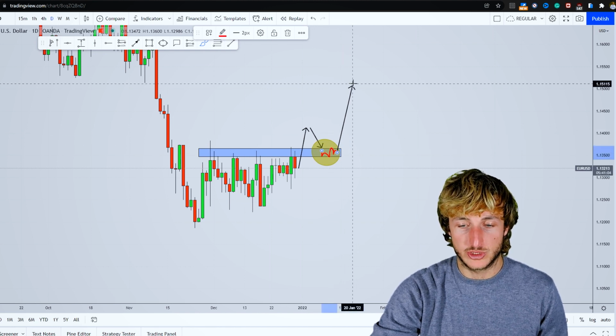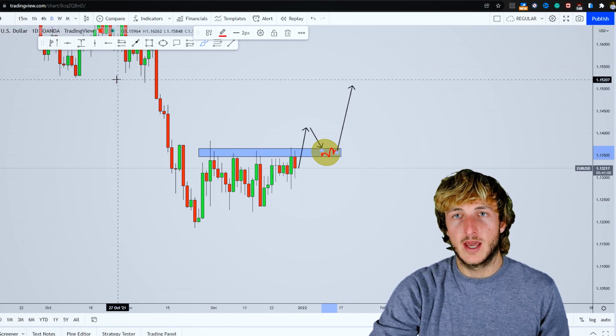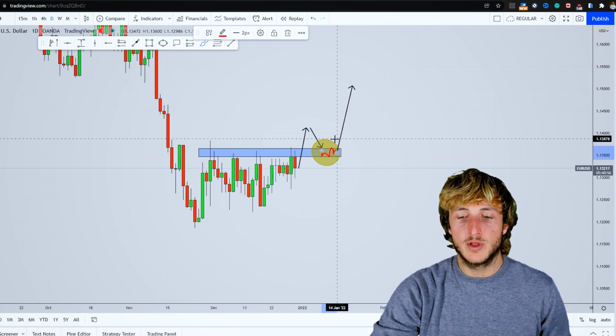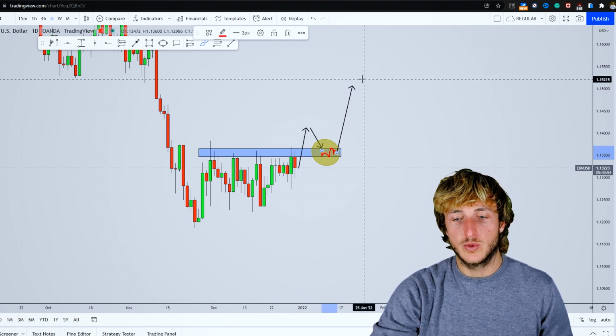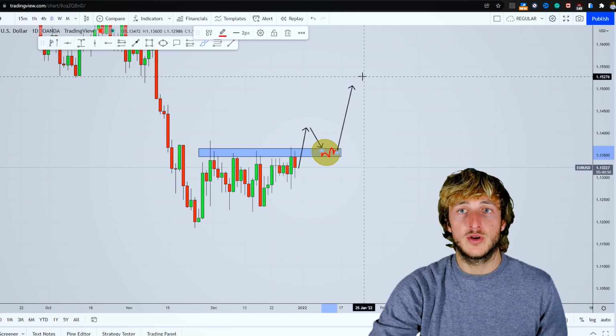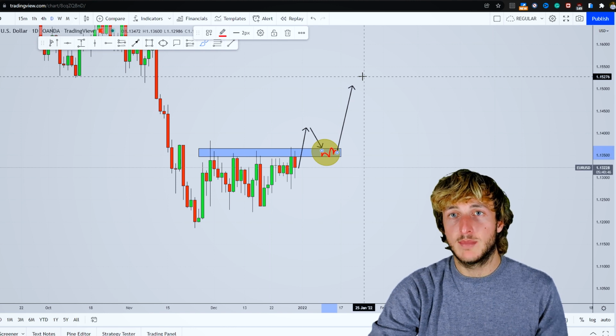And if the market shifts, at that point, we will be adding EURUSD to our watch list. And as soon as the market provides to us one of our valid entries, we would be looking for a potential long with a good risk to reward and good probabilities at that point for the move to the upside and for the market to complete the M pattern that we have already identified by looking at the monthly time frame.